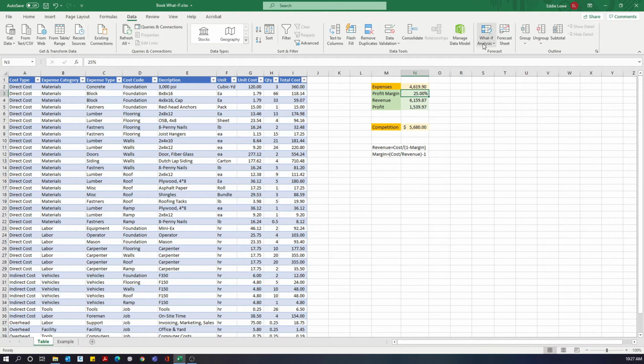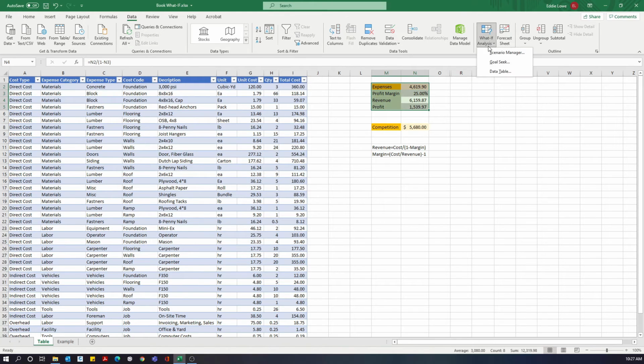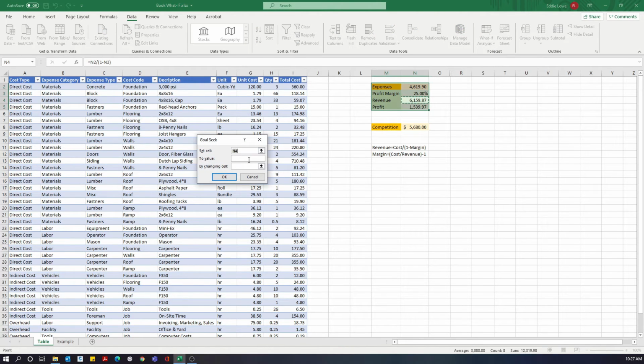We can come into our What-If Analysis and say, okay, we want to set our revenue cell to $5,680, which is what our competitor is selling it at, and we want to change our profit margin to see what it would come out to be.